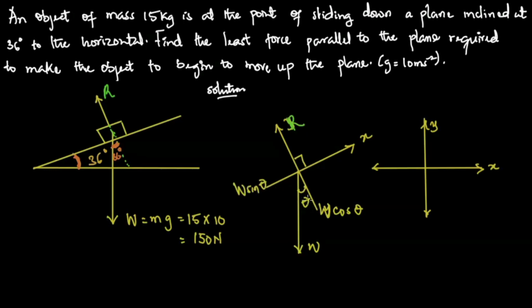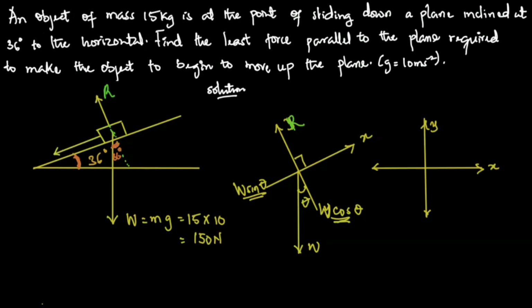I've also explained this in the introductory video, how we arrived at W sine theta and W cos theta. So resolving the weight to the x direction, we're going to have W sine theta.